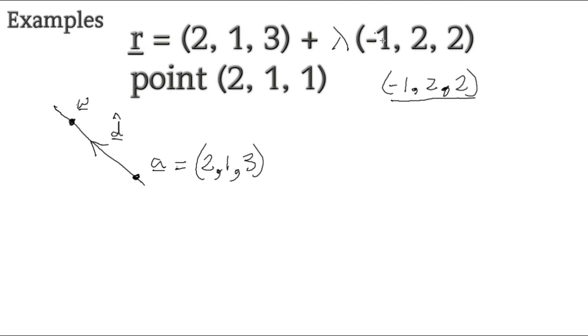So -1 squared is 1, 2 squared is 4, 2 squared is 4, that sums to 9, and take the square root of it, it's just 3. So we've got 1/3 of (-1, 2, 2) as our d hat.